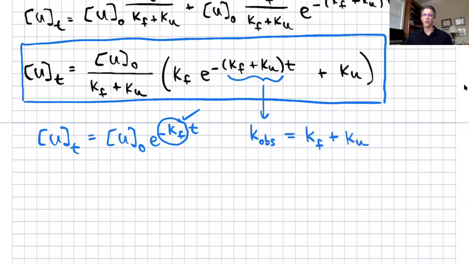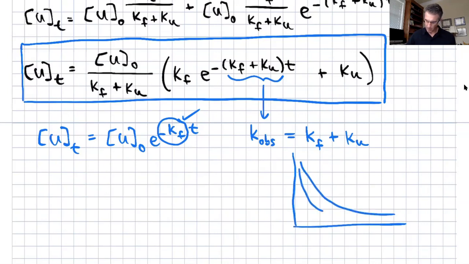So if you remember, what governs the halftime of an exponential decay is that rate constant. It's the constant that multiplies that independent variable and tells you how fast the decay is going to go. You can now see that the K observed for that reversible process is faster because the rate constant is larger, since it's the sum of the forward and the reverse rate constant.